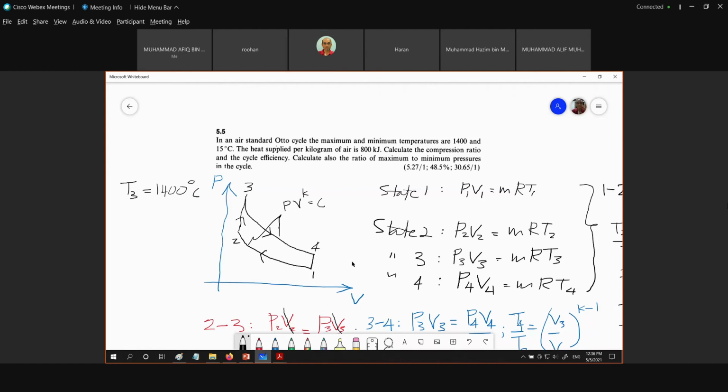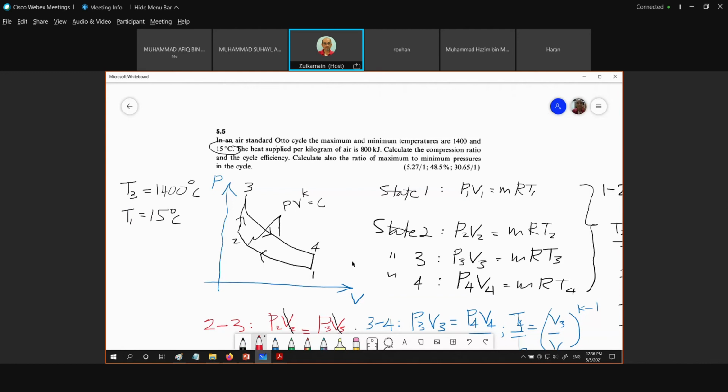How about the minimum? 15 degrees C. Where do you think the 15 degrees C is? 1. Yeah, T1, after the heat rejection process, which is 15 degrees C. Or you could look at your temperature profile.